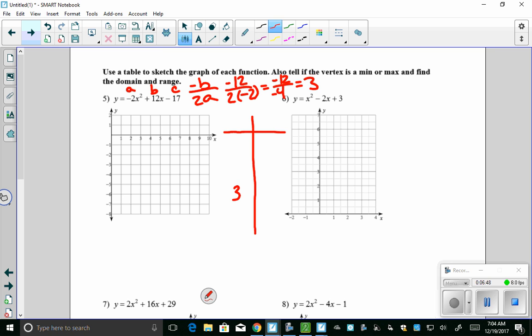You're going to have negative 2 times 3 squared plus 12 times 3 minus 17. And I got 1. So then you do numbers below and above.